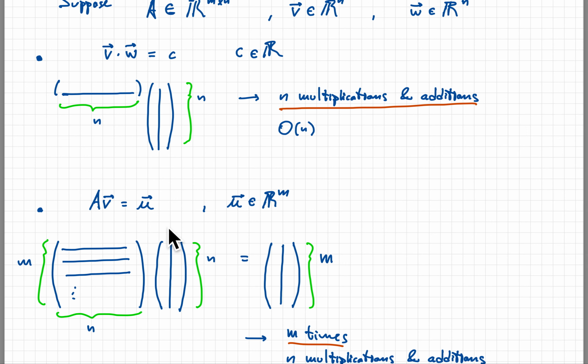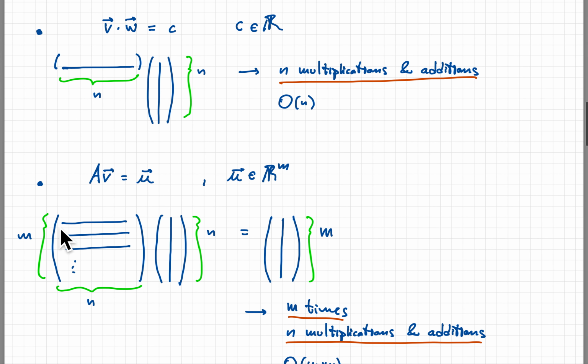And so you have n components by n components, and then you put it in the first place. And then you take the next row and you multiply by the vector in the same way, and you put it in the second spot on this vector, and then the third one, and so on and so forth. And then you get to the mth one, the last one, you multiply it by the vector again, and you put that in the last component. And so you calculate m components in this way.